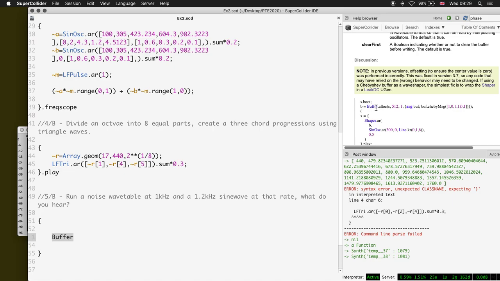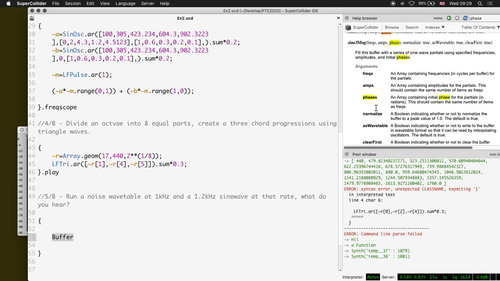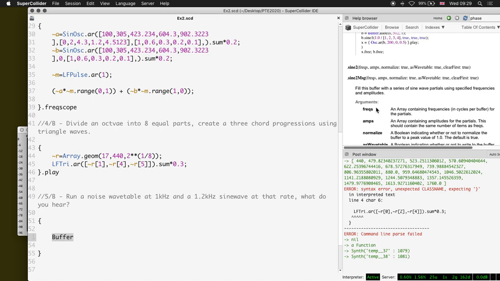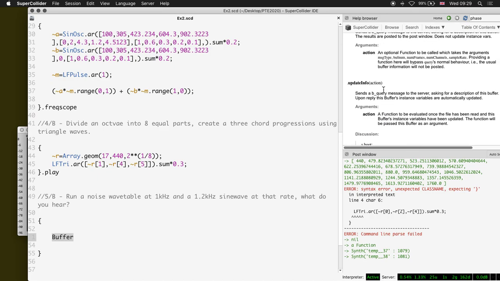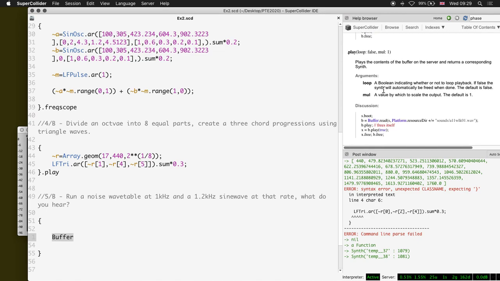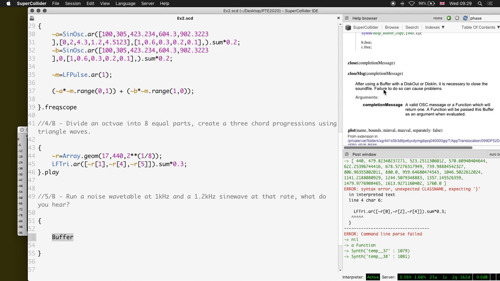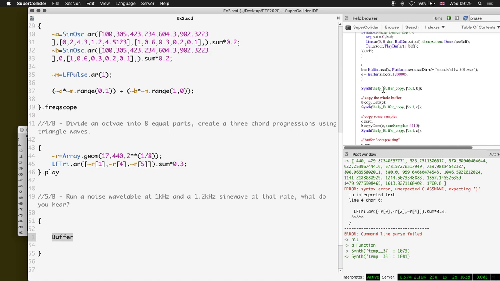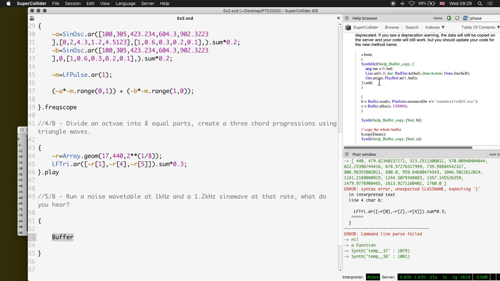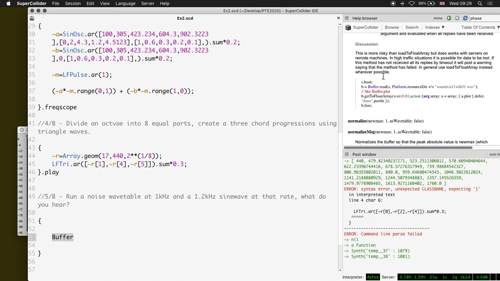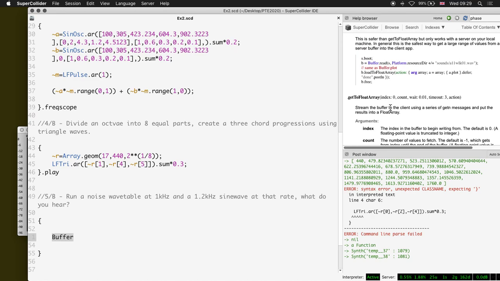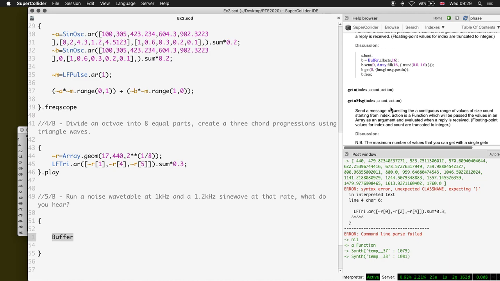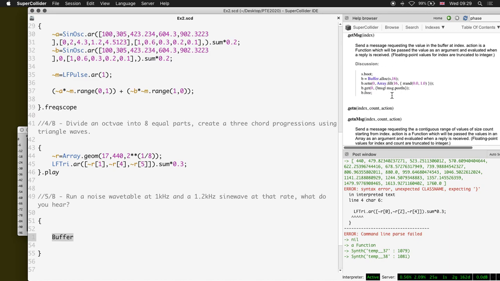So first few bits of code here have everything to do with loading sound files. And then I believe there is one which actually allows us to get data into it. Read, that's same thing. Read, allocate, array fill.